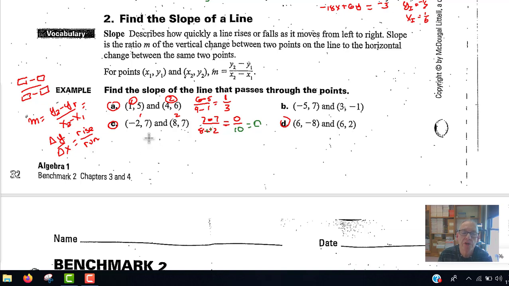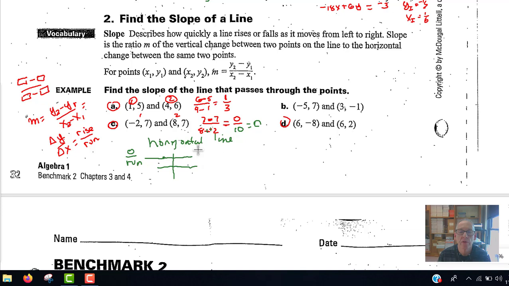Now, a line with a slope of 0 is a horizontal line. It actually has 0 rise over the run. So if we think about what that means in geometry, if we're starting at, say, a point here, as x gets bigger or as x gets smaller, there's no rise, there's no change in the y.